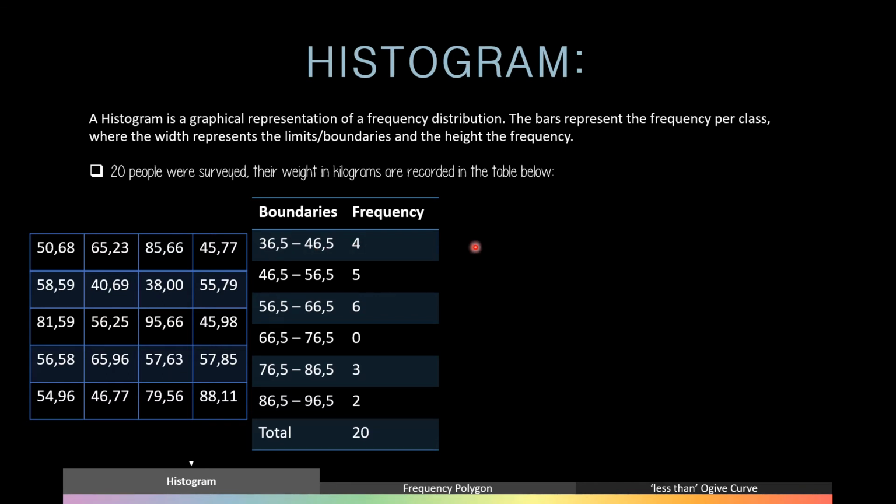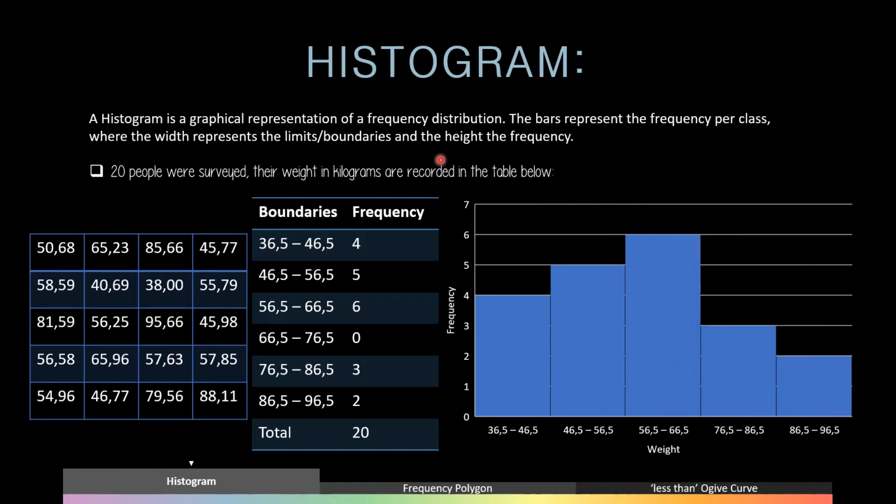Now that we understand how to interpret this frequency distribution, all we're going to do is construct our histogram exactly as we described above. And there we have it. As we can see, we have 1, 2, 3, 4, 5 classes because we only had frequencies for 5 classes. So we left out this class with a frequency of 0.